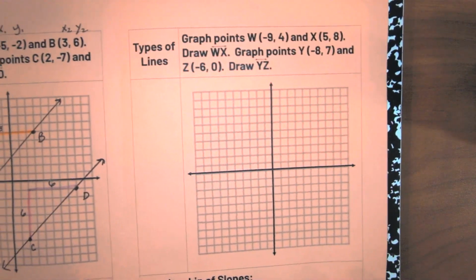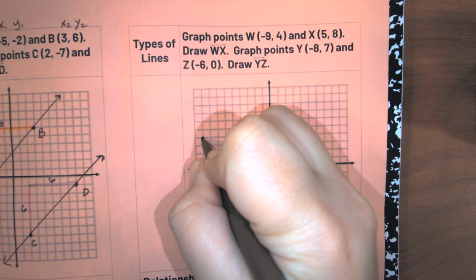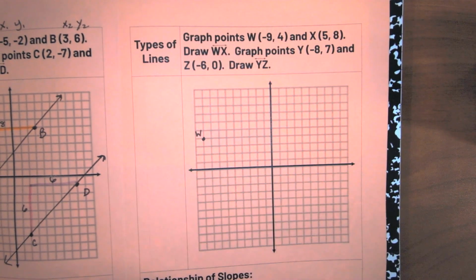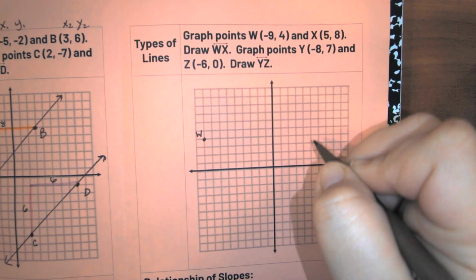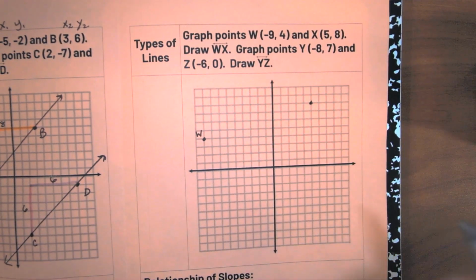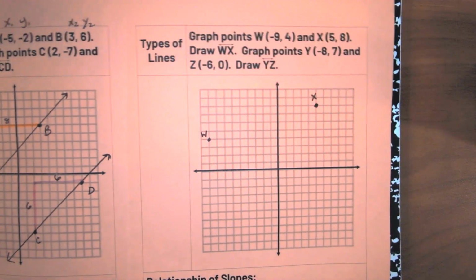All right, so now we're going to be graphing W at negative 9, 4, and X at 5, 8. I'm going to connect them to make a line again.